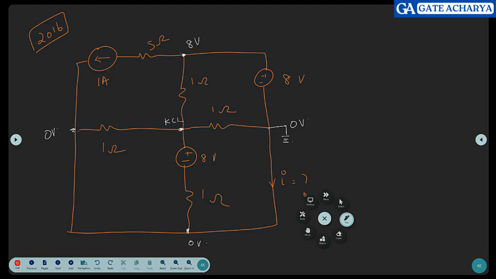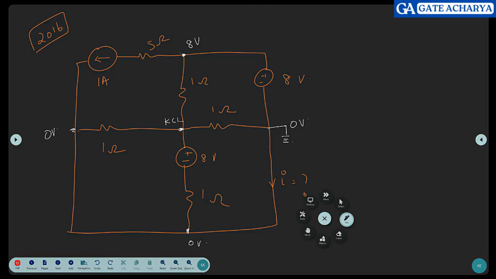How many branches are there? What is the voltage drop across this? This is 8 volts. How much current is flowing in the branch? So what is the voltage drop across this? 5 volts.